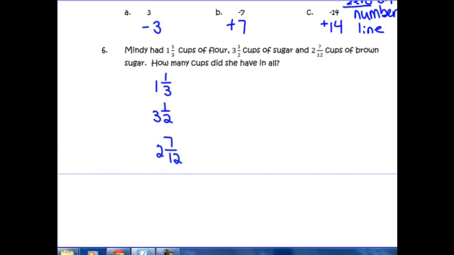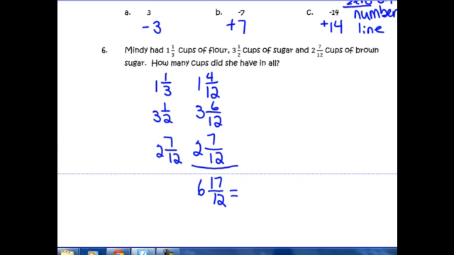3, 2, and 12 have a common denominator of 12ths. So I get 4 12ths, 1 and 4 12ths. 2 times 6, so 6 12ths, 3 and 6 12ths. And my 2 and 7 12ths is already in 12ths. So when I add those together, I get 4 and 6 is 10 and 7 makes 17 12ths, an improper fraction. 1 and 3 is 4 and 2 is 6.